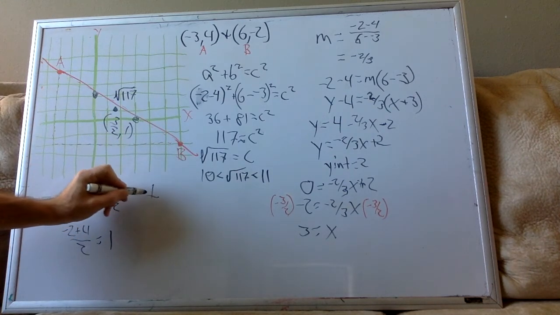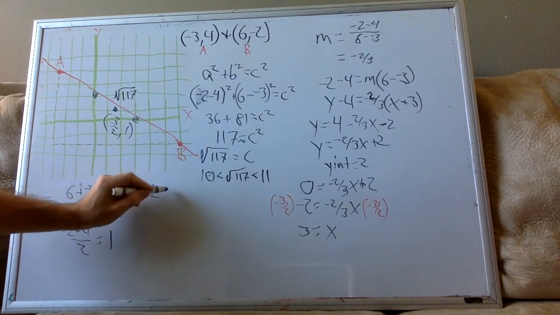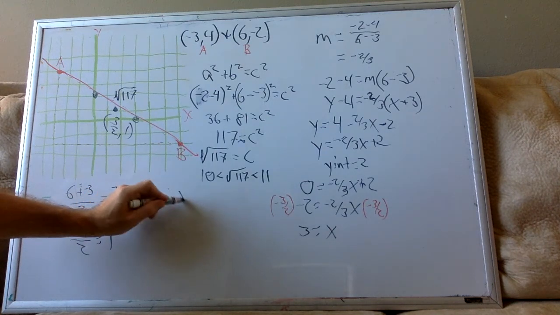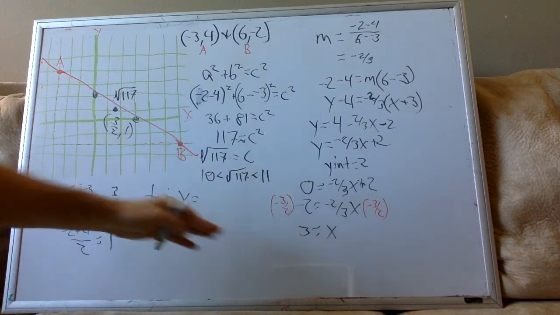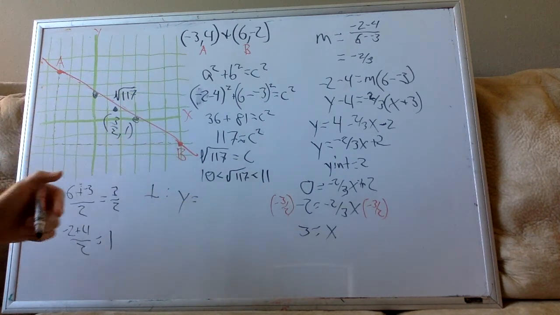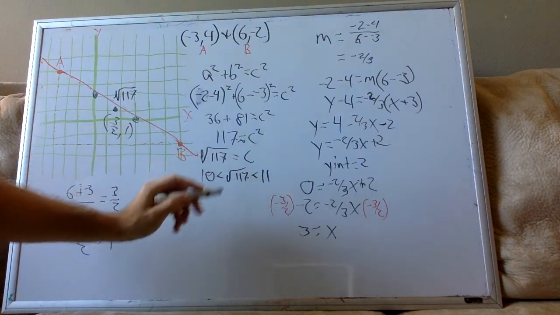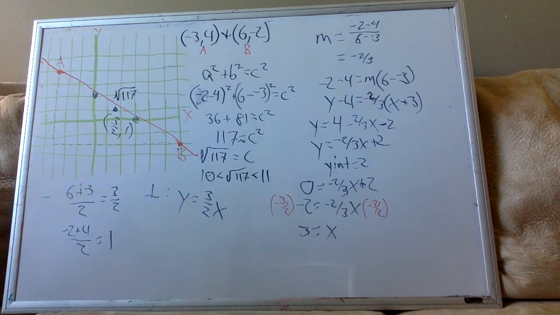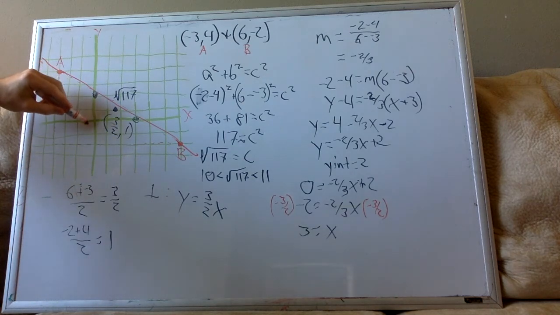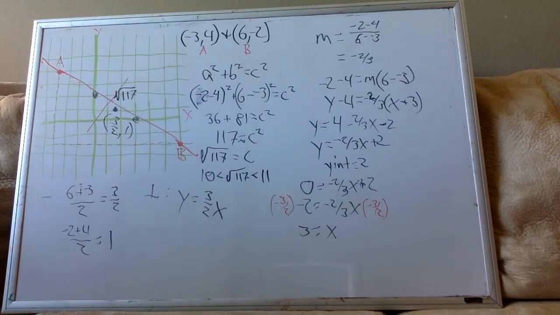So a perpendicular through the origin gives us y equals, and in this case our plus b is 0, so we just need the opposite reciprocal slope, which would be 3/2 x. So we have a perpendicular line running through the origin, like that.